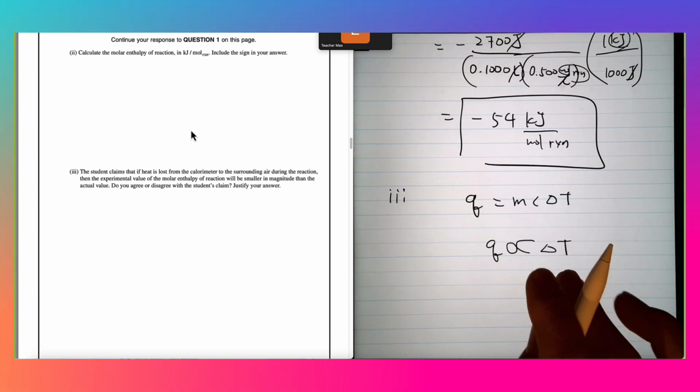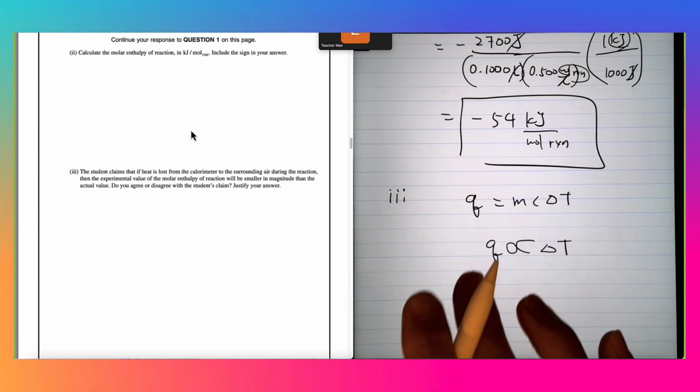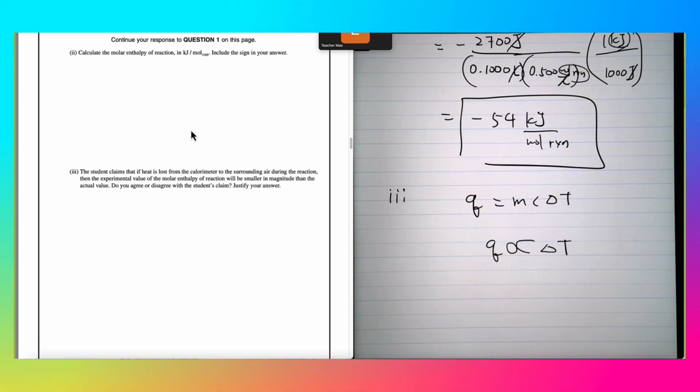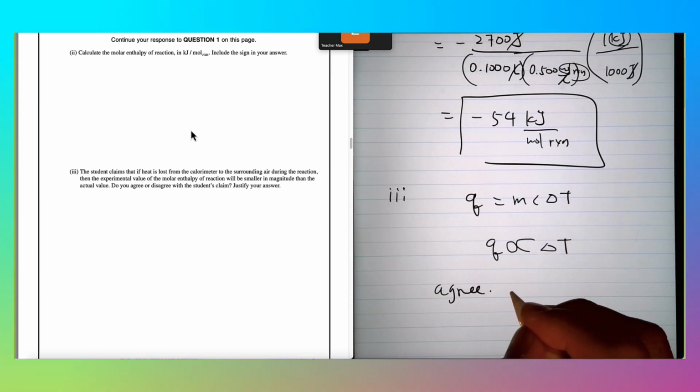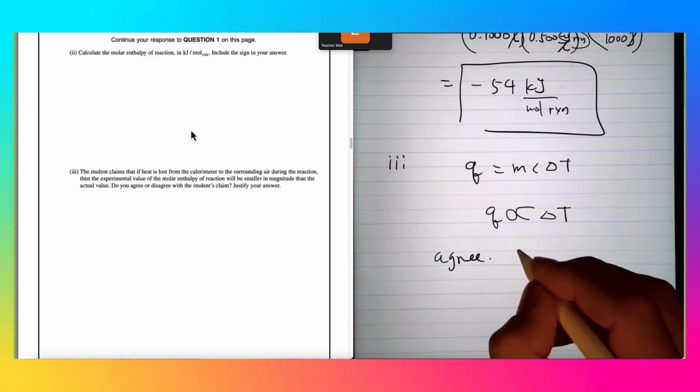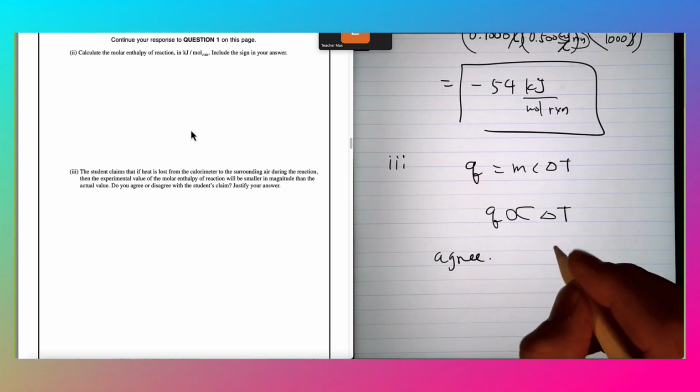So if you lose heat by accident, your Q value will also decrease proportionally. So you're going to agree, yes. You agree, and we're just going to describe that. They want us to justify our answer.